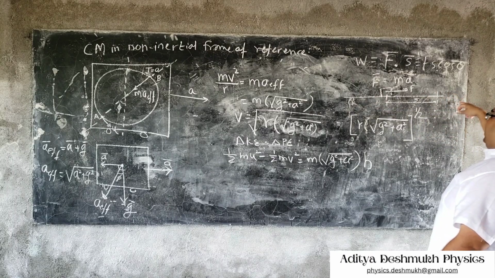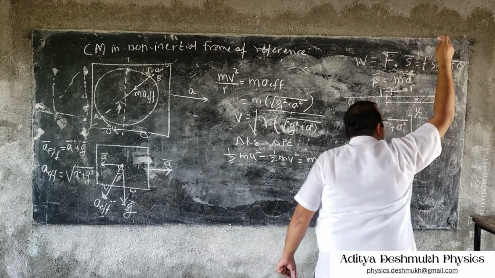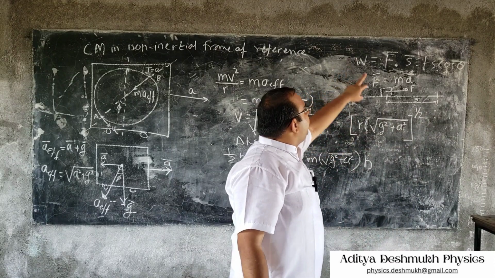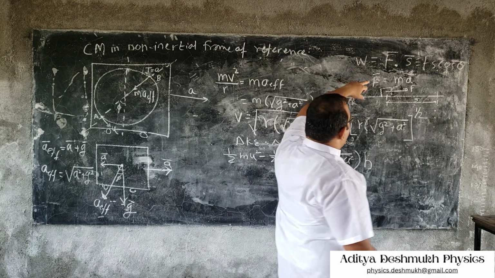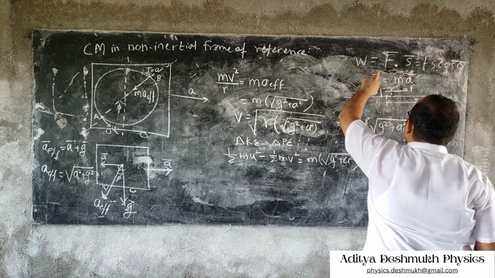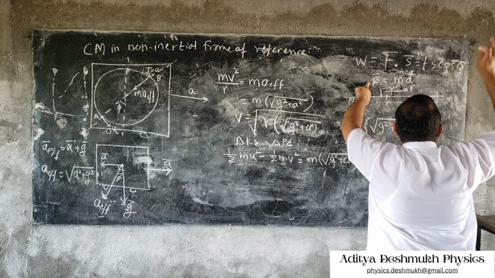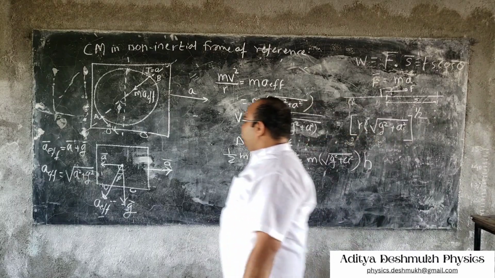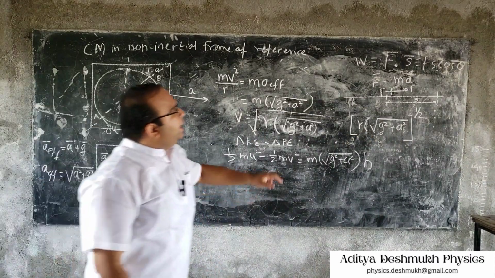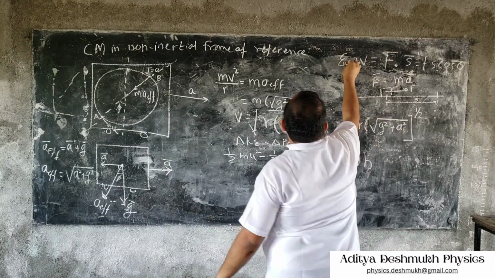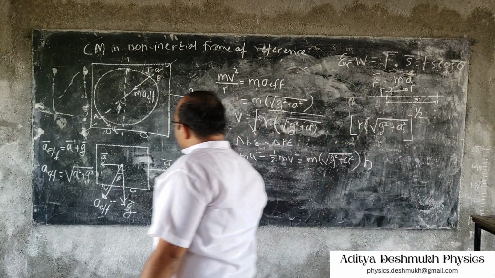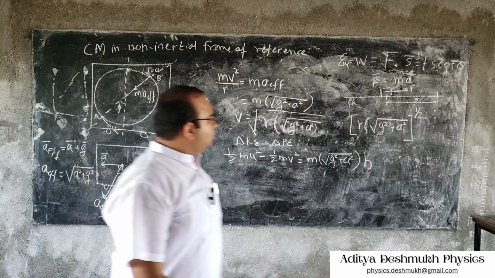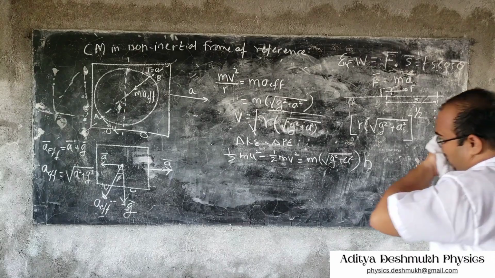As their direction is the same, theta is 0. Whatever direction the force I am applying is in, in the same direction my displacement is happening, and work is nothing but energy. Same thing is happening here.